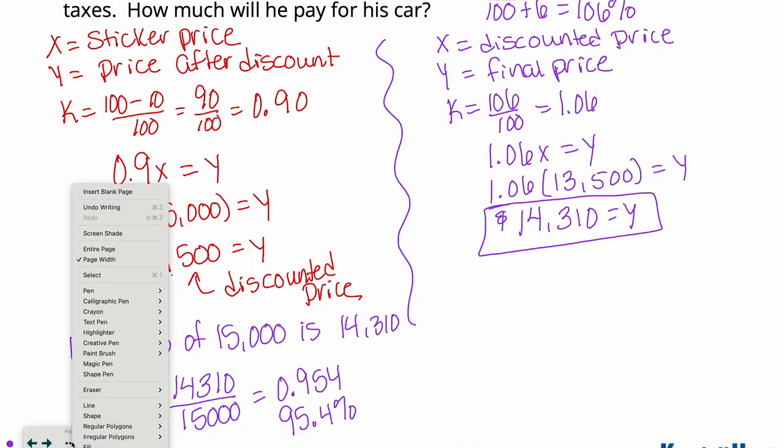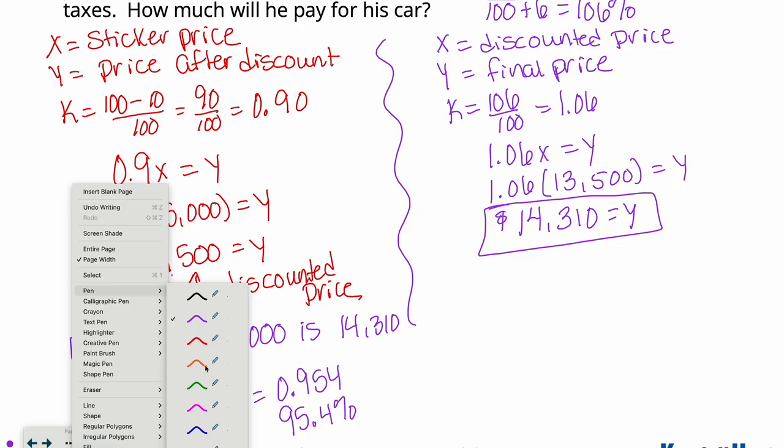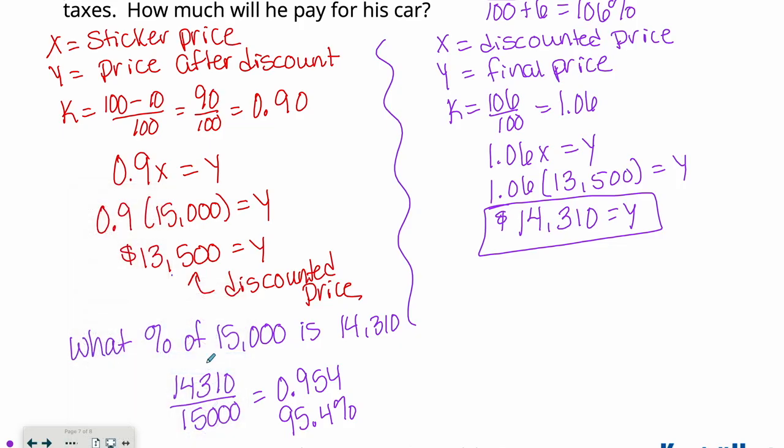So if we think about what we were doing here, at first we took our sticker price and we multiplied it by 9/10 to get the discounted price. And then we took that times 1.06 to get the final price.